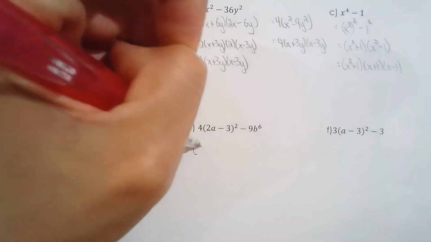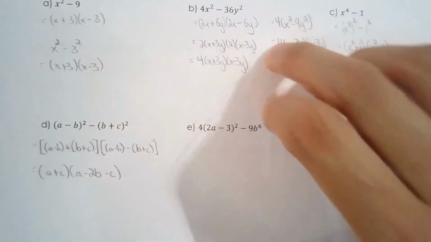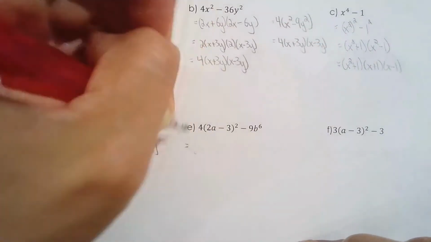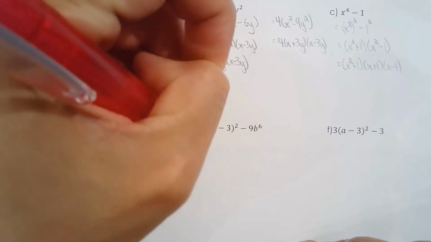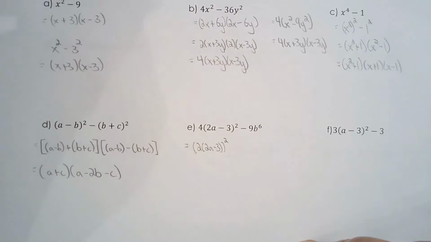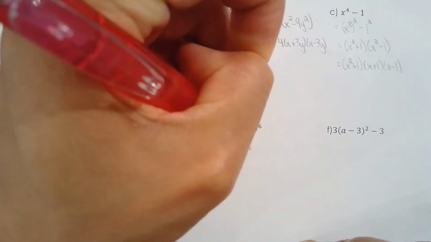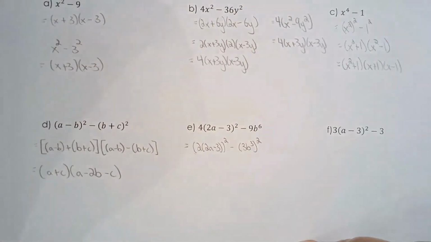So, you know what? I'm going to write one step to help you out, because a lot of students have a hard time seeing what's being squared. So it's 2a minus 3 squared, minus 3b cubed squared. Okay.